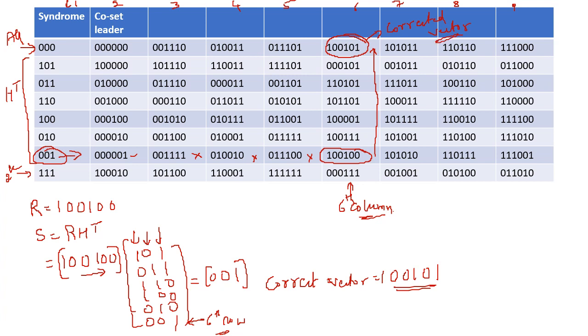So in order to detect and correct the error using the table, first we find S is equal to R into H transpose. We get the syndrome S, and we go along that particular row.